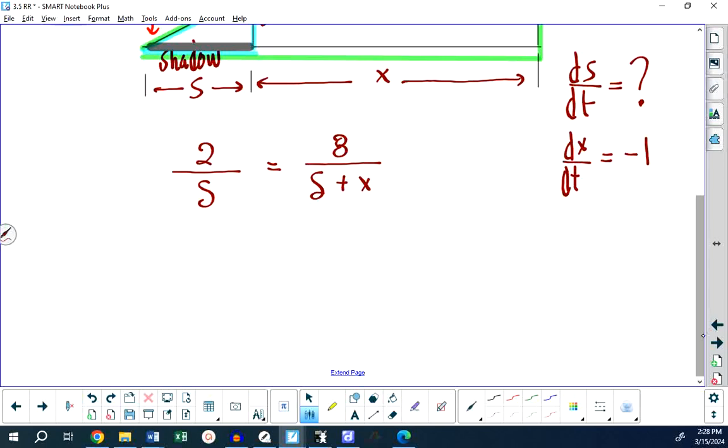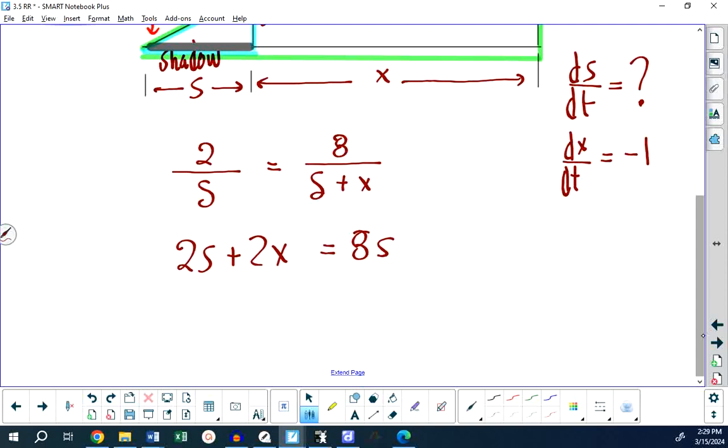It really is. You cross multiply. You know me, I'm not a fan of cross multiplication, but sometimes it's just simpler to say we're going to cross multiply. Particularly at this level. You know, you go through that math 20 phase where I say don't cross multiply. We know enough about math now to know why it works. That looks okay, 2s plus 2x.